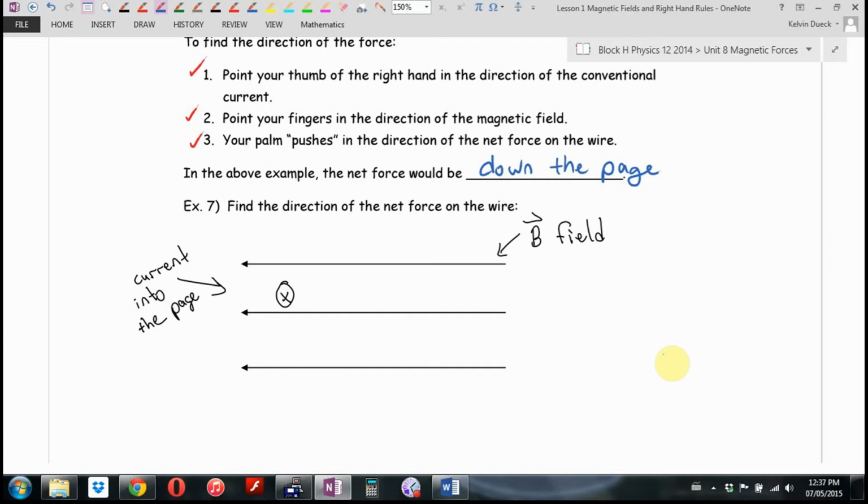Face me. Current into the page, magnetic field that way. Which way is your palm pointing? Up. The net force on this wire will be up the page.